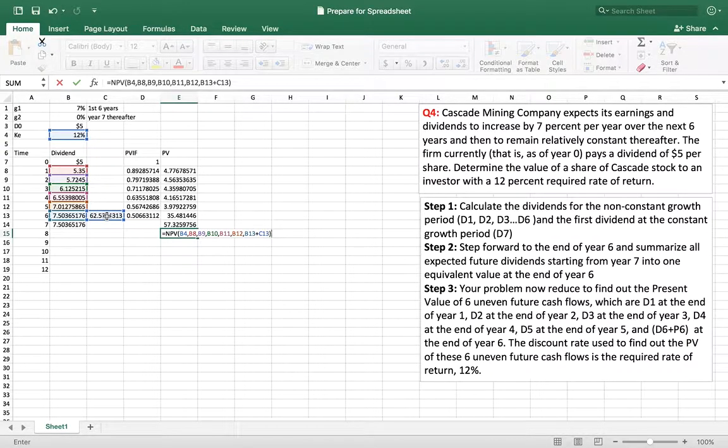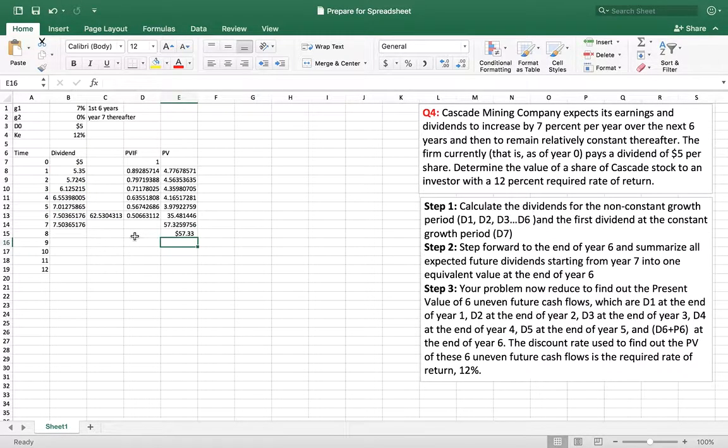Then press enter. The value obtained is the share price, which is exactly the same as we just obtained in cell E14.